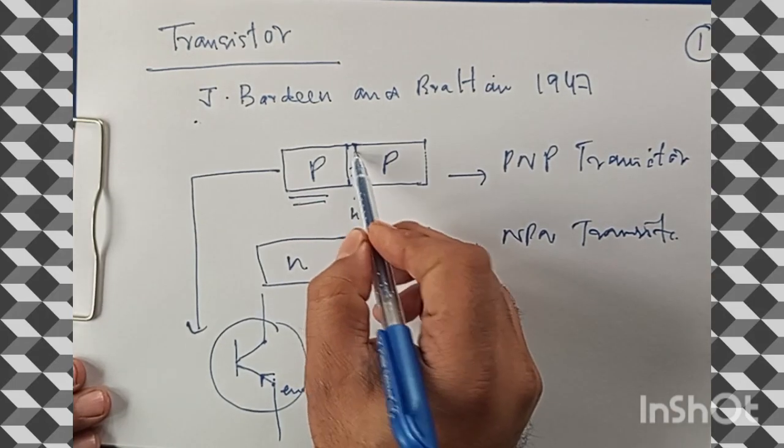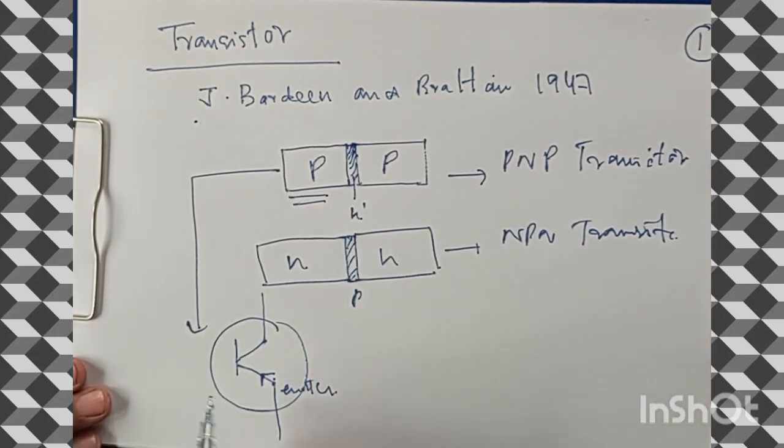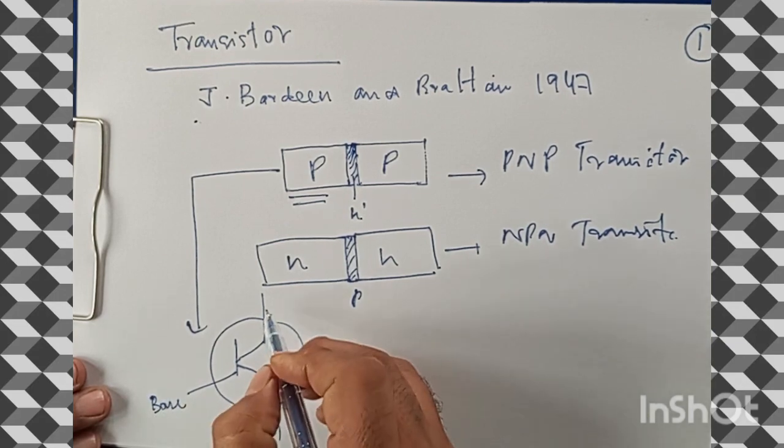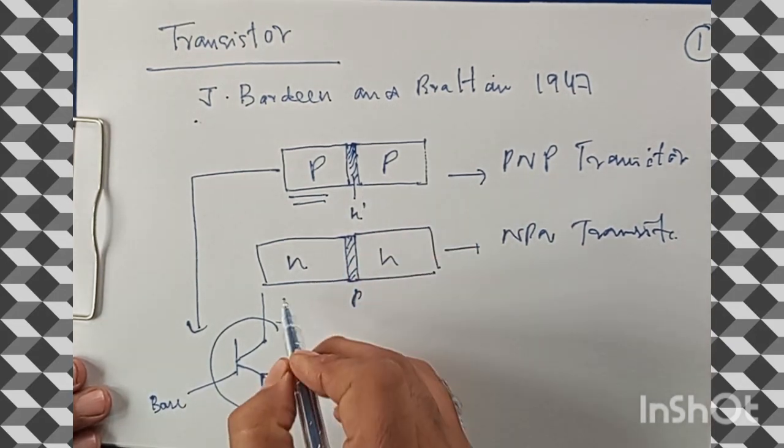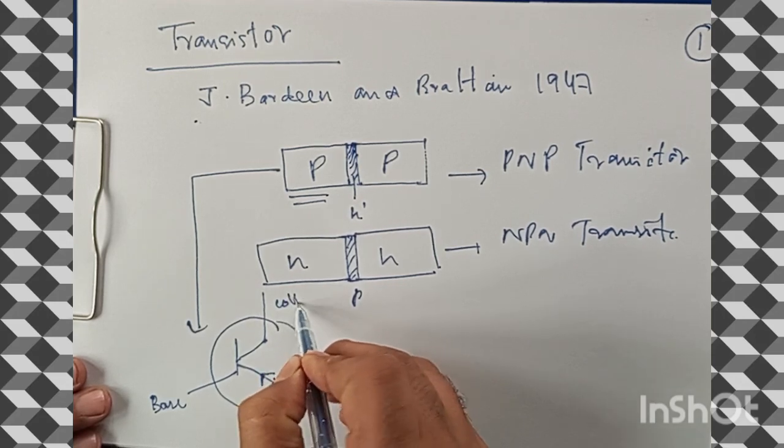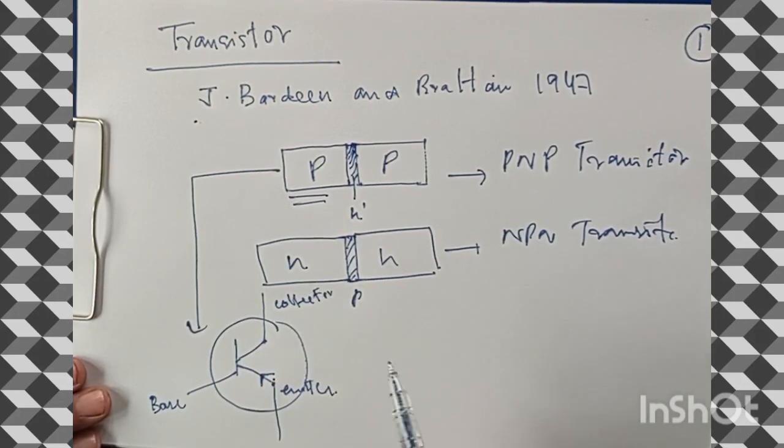Then we have this N layer, which is very thin, called the base. And then we have another P, which is called the collector. You can see we have to be able to identify this transistor merely by looking at this arrow, because this arrow gives us the direction of movement of the conventional current, or the direction of movement of holes.